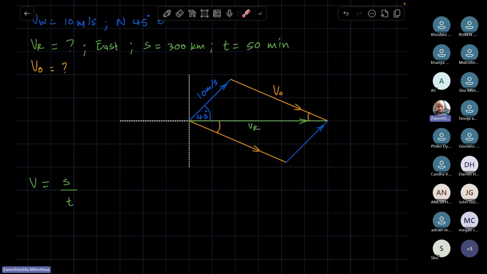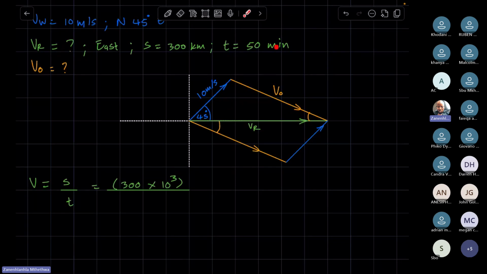To do that, you simply multiply by 1,000. So this will be equal to 300 times 1,000, divided by the time. The time we're given is in minutes. We need to express the time in seconds.